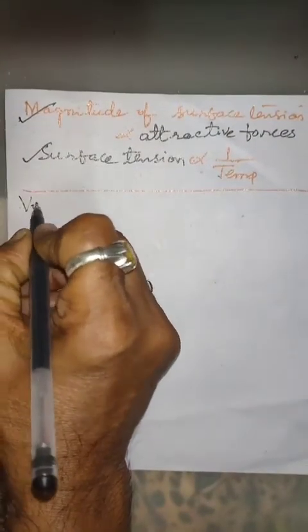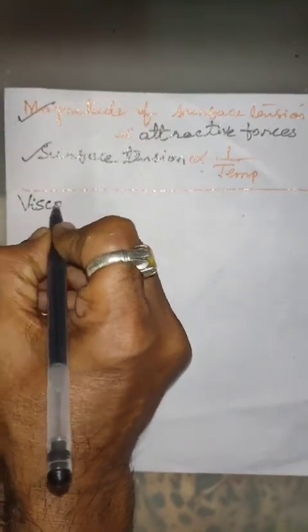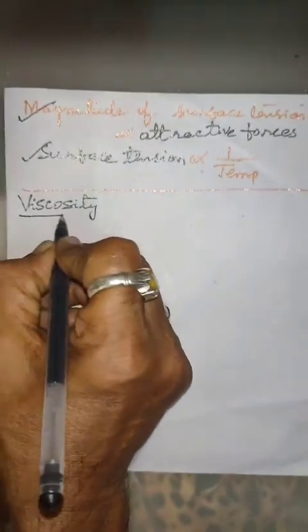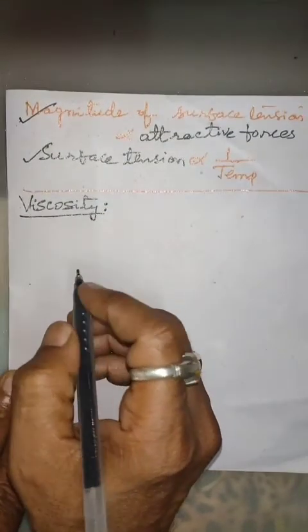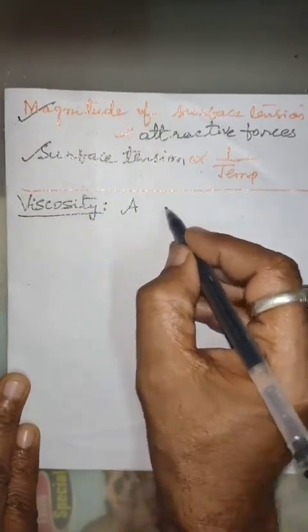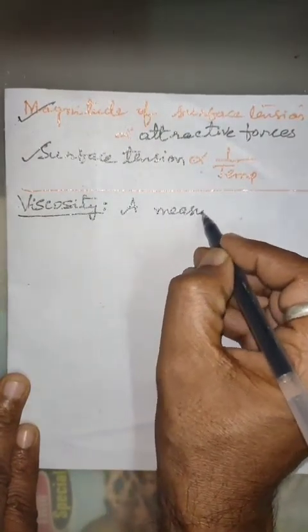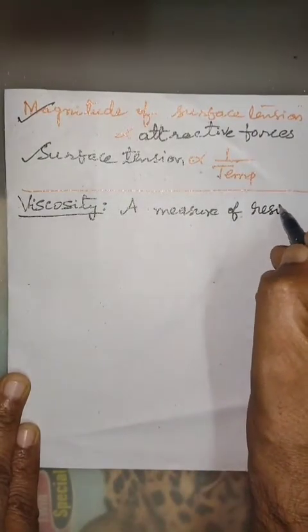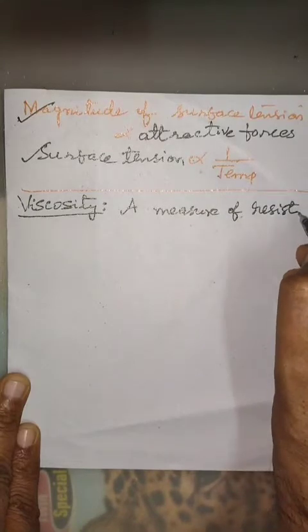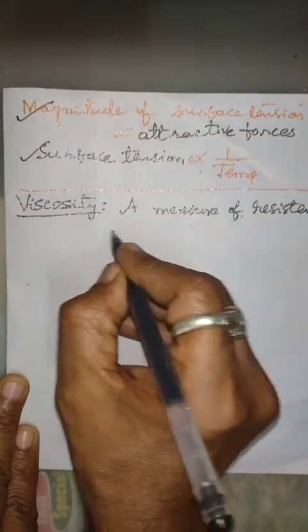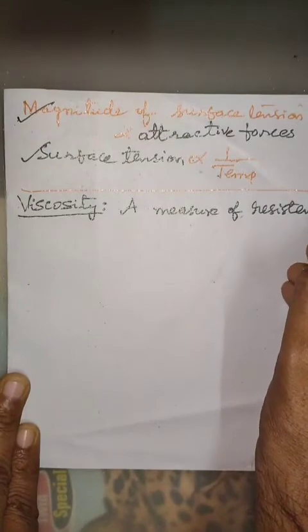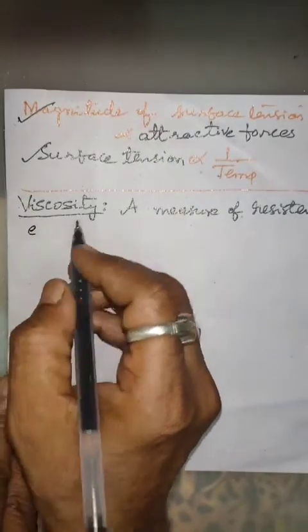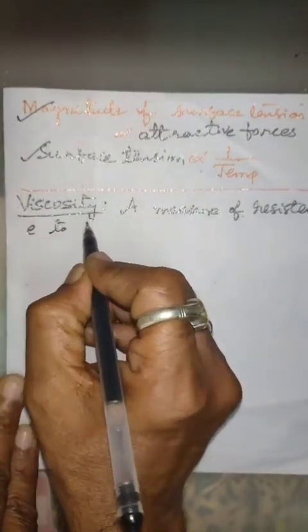Viscosity is another one. Viscous liquids, viscosity. Yes, what is viscosity? It is a measure of resistance to flow. Why?